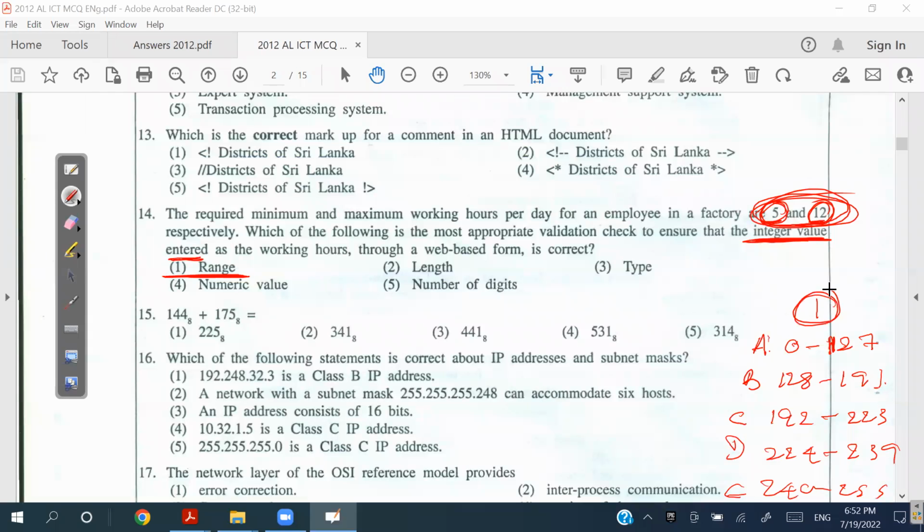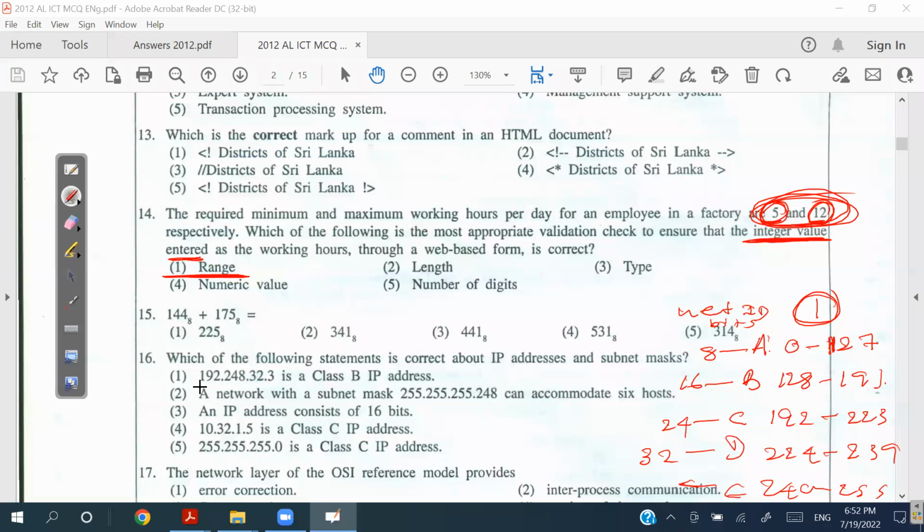The other particular fact is the number of net ID bits. For class A, there should be 8 bits. For class B, there should be 16. For class C, there should be 24.